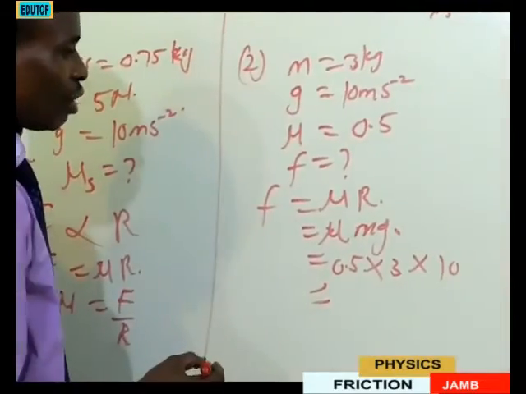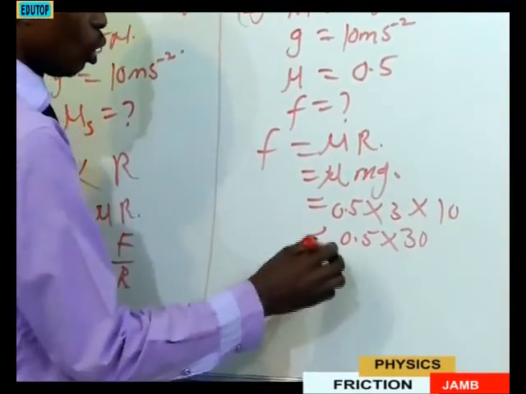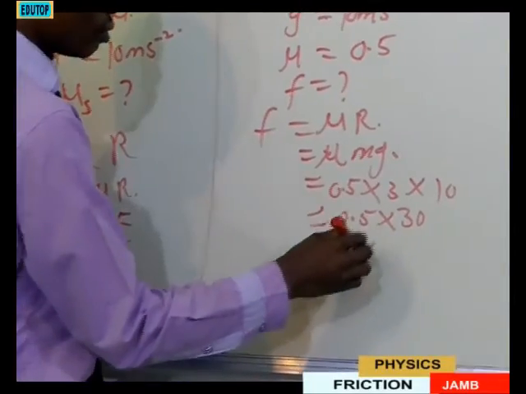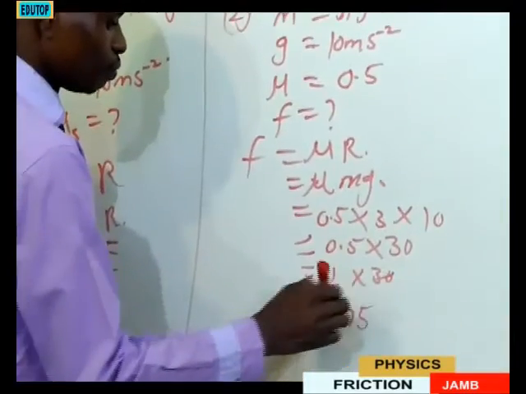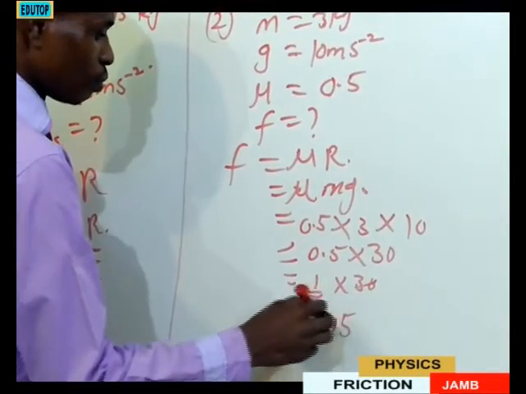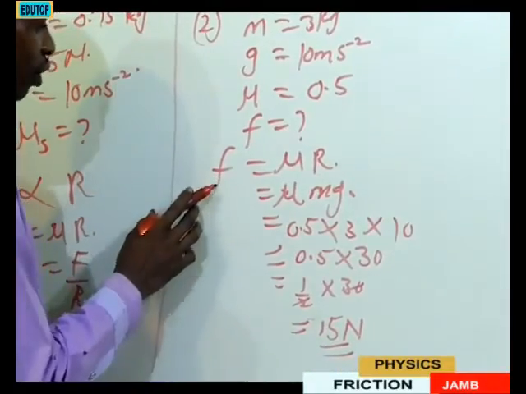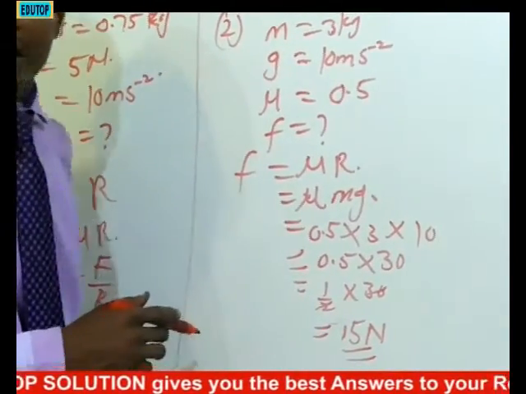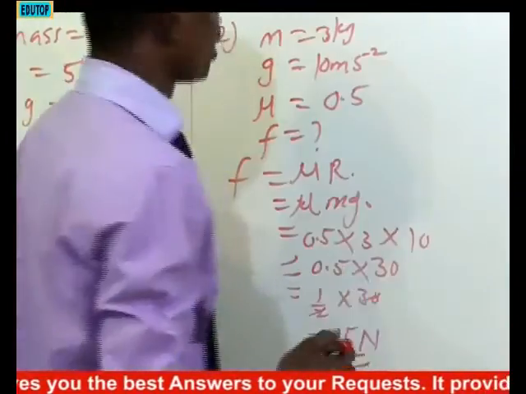So altogether, we are going to have 0.5 times 30. 0.5 is half, times 30, gives 15 Newton. Because we are looking for force, Newton. And that's the answer for question number 2.